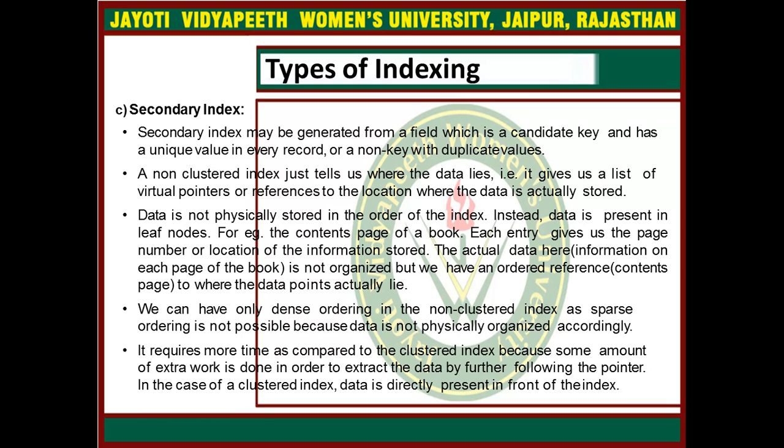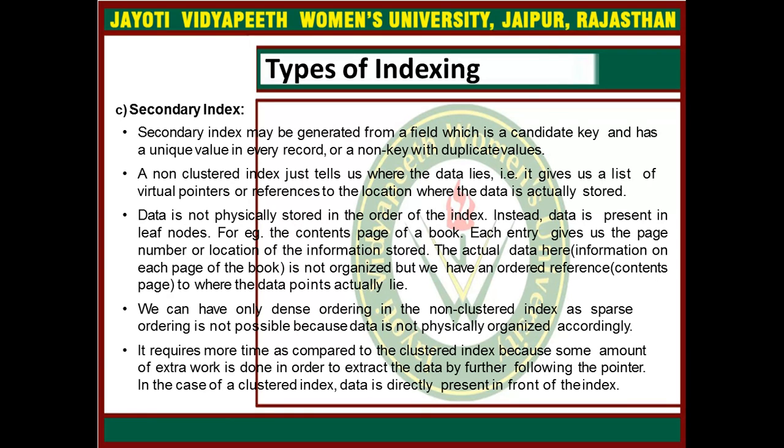For example, consider the contents page of a book. Each entry gives us the page number or location of the information stored, while the actual data is the information on each page of the book.